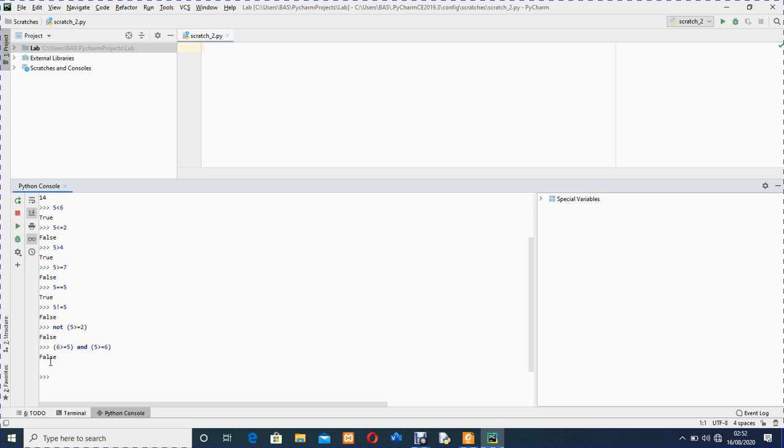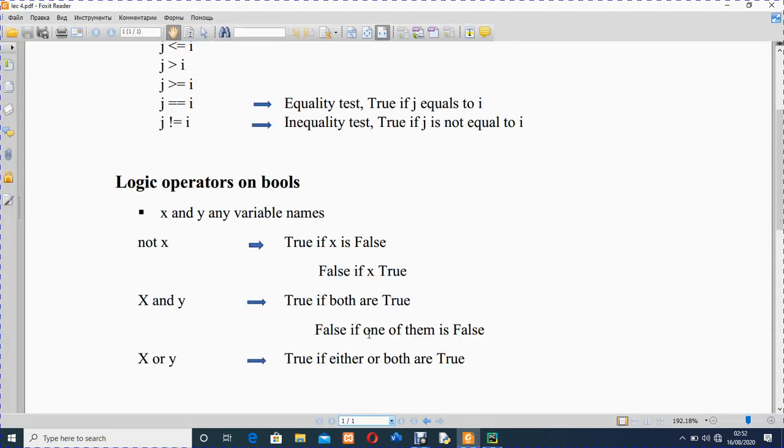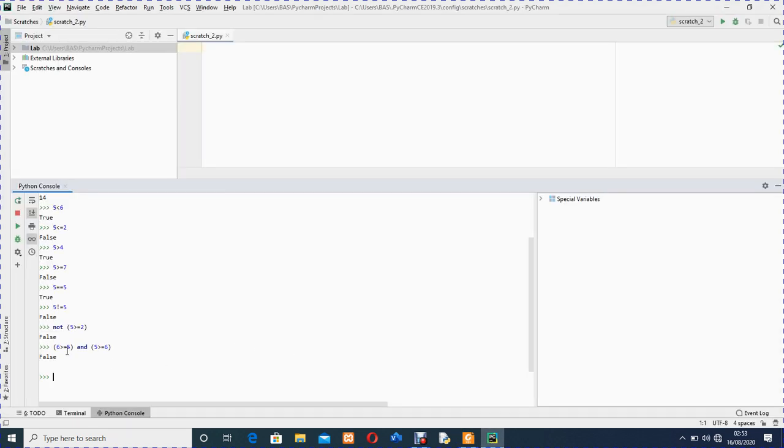That's why it would execute false. See the condition here: X and Y are variables, for instance, any variable names. True if both of them are true. False if one of them is false. That's what happened here.